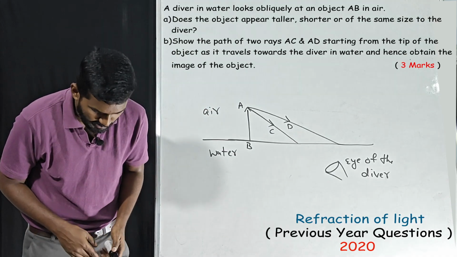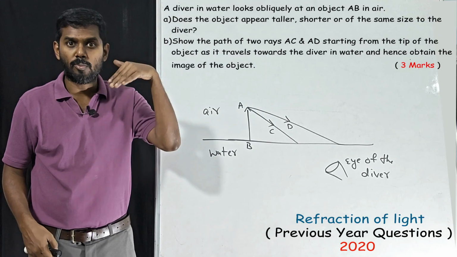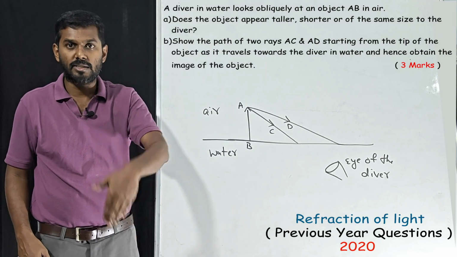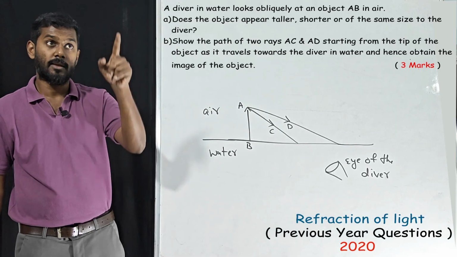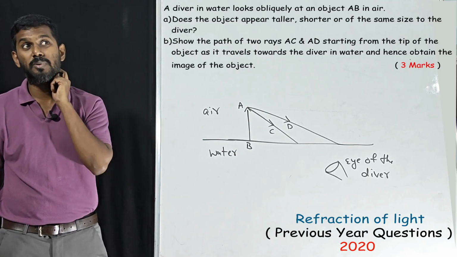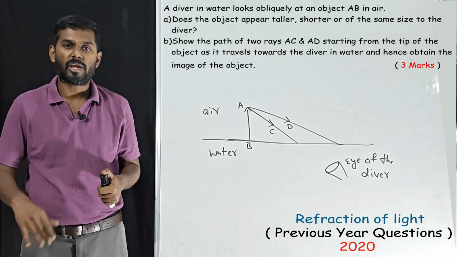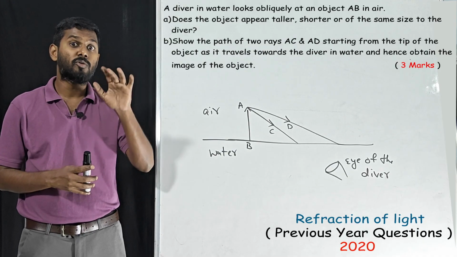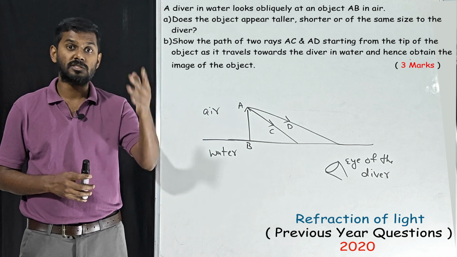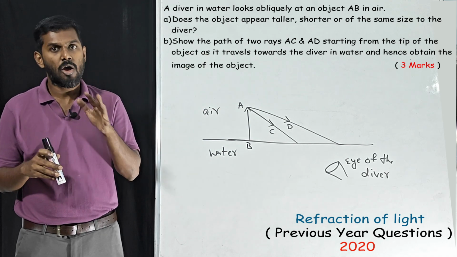If you look at it directly from the top view, that is normal. With some angle we call it obliquely. Many students, just by looking at this word obliquely, assume this question is wrong. You know the concept but don't know the meaning of obliquely, so you think something is wrong and don't choose this question.